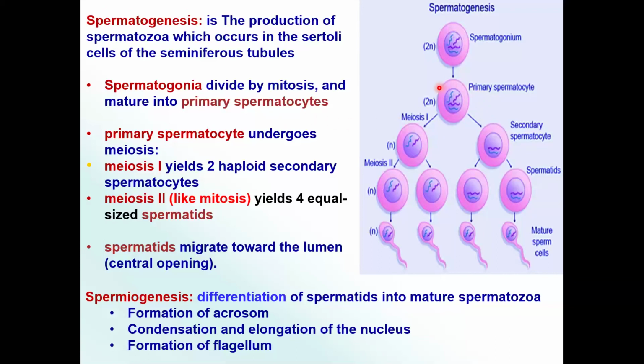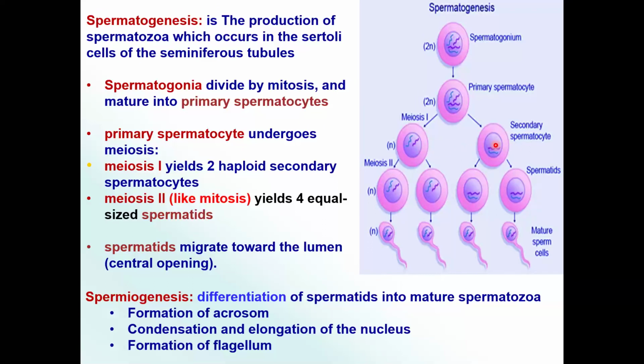Now, the primary spermatocyte will develop into secondary spermatocytes by meiosis. The first meiosis results in reduction of the number of chromosomes. So those 2n will become 1n. They contain half the number of chromosomes, and it produces 2 cells, the 2 secondary spermatocytes.